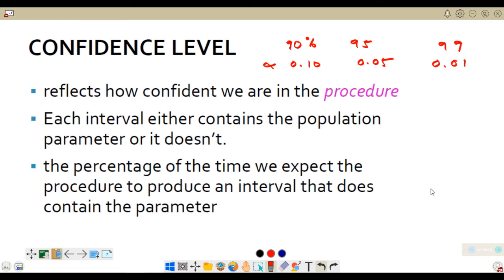Ayan. Each interval either contains the population parameter or it doesn't. And the percentage of the time we expect the procedure to produce an interval that does contain the parameter. Ayan nga, the percentage of the time. Kaya naka-percentage sila. Okay?